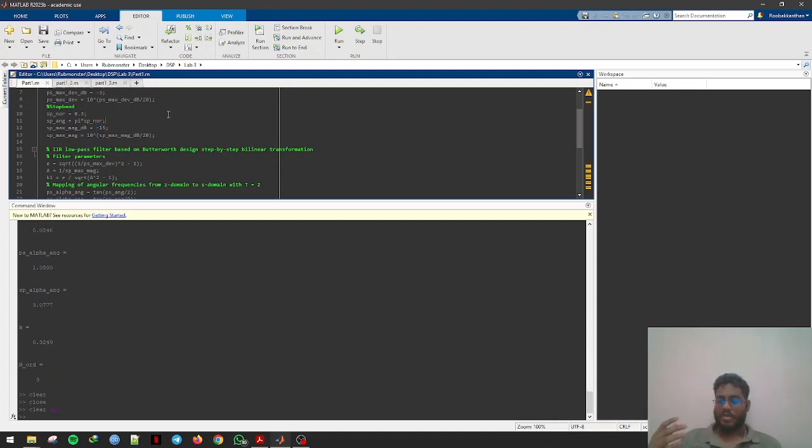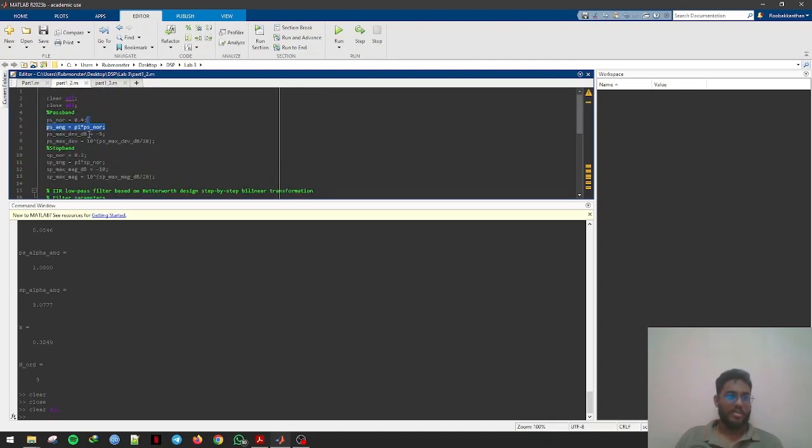As for the examples, I have done two examples. I changed the PS nor to 0.4 and changed the maximum deviation dB to -5, and SP nor I changed to 0.2, and for the SP max magnitude dB I changed to -10.